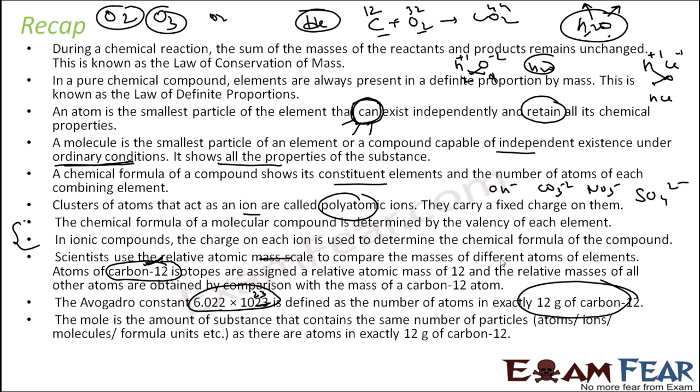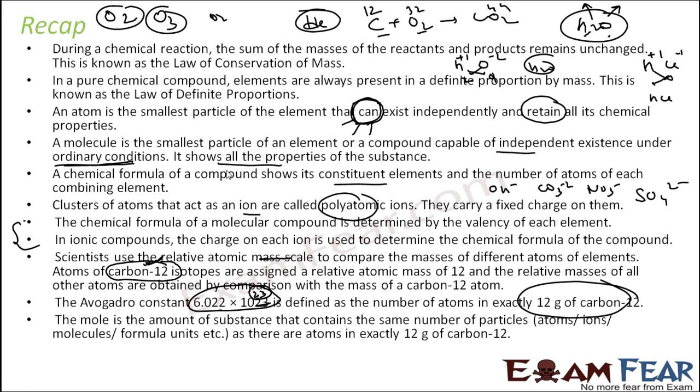A mole of a substance is anything which has exactly 6.022 into 10 to the power 23 particles, or it is nothing but the molecular mass amount of that particular substance.